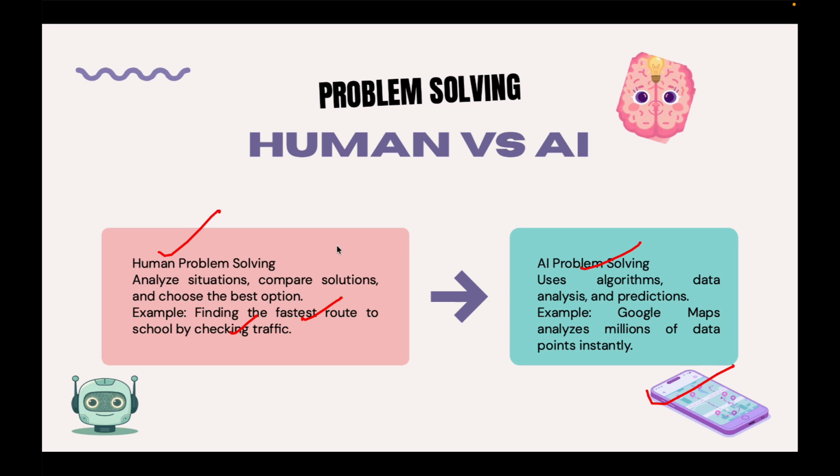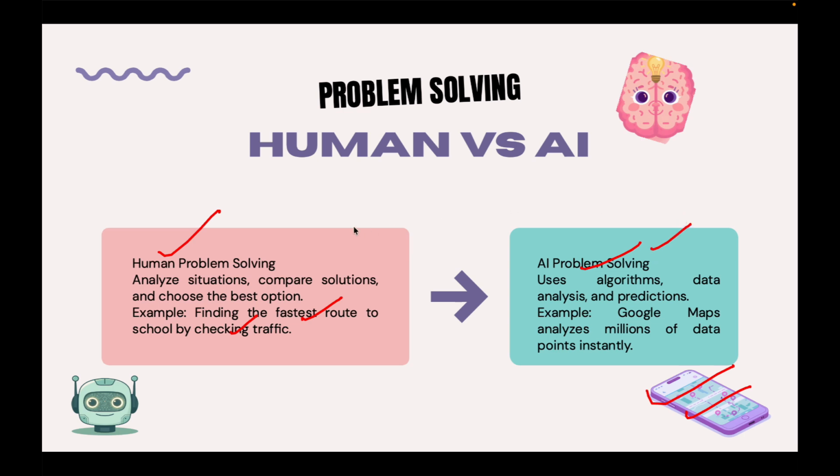If you ask Google Maps which road has less traffic, the AI is going to analyze live traffic data from millions of users instantly and then provide you the result. This is how an AI system thinks and provides the result.